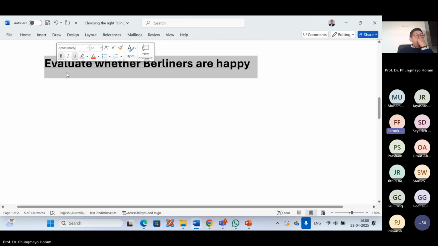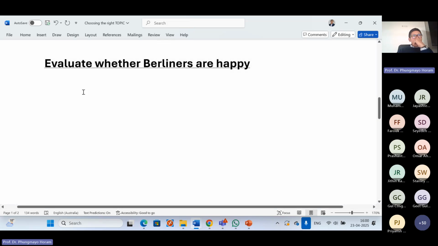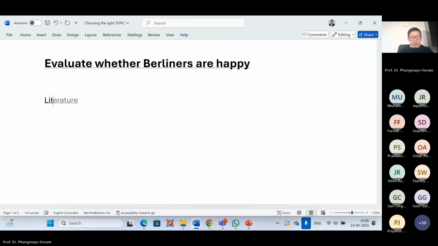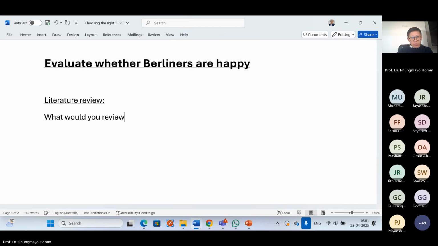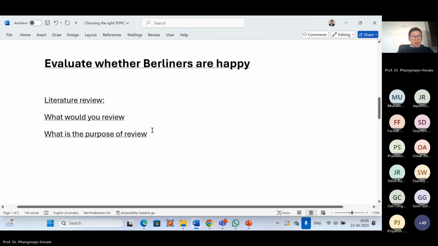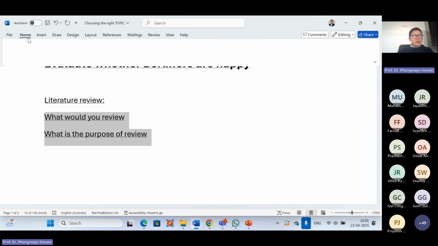Evaluate whether Berliners are happy. Now the question is, when you do literature review for this topic, can someone read this as well?